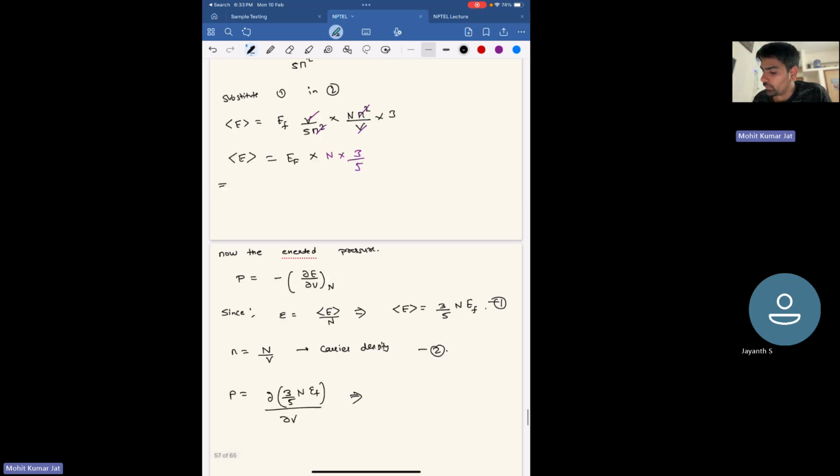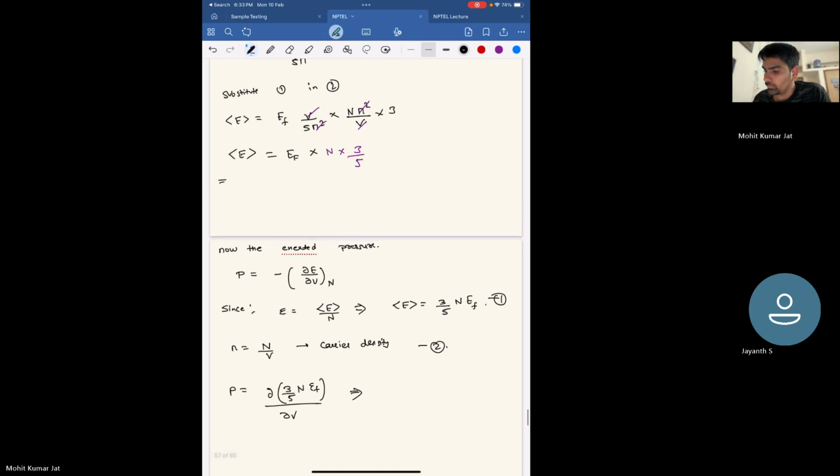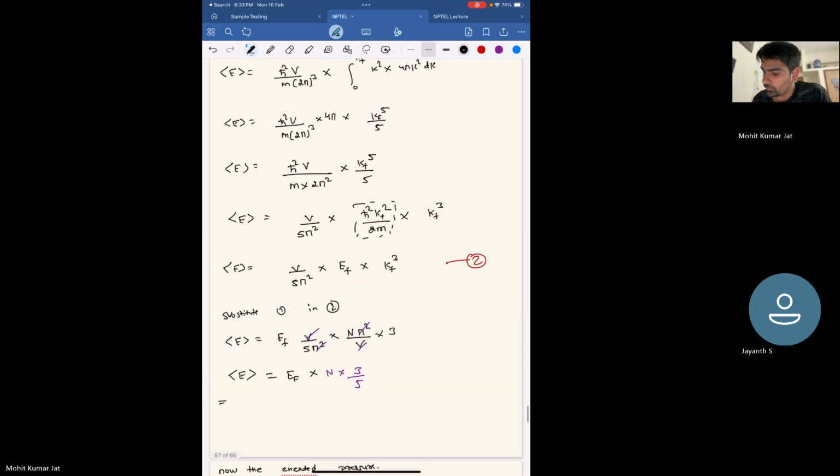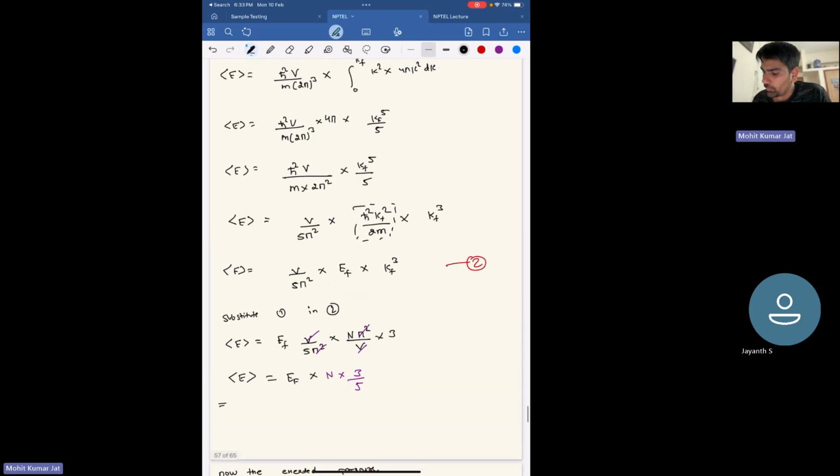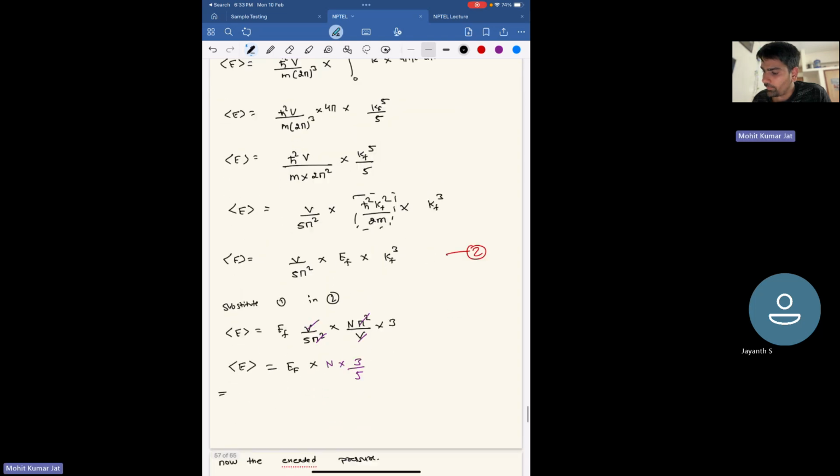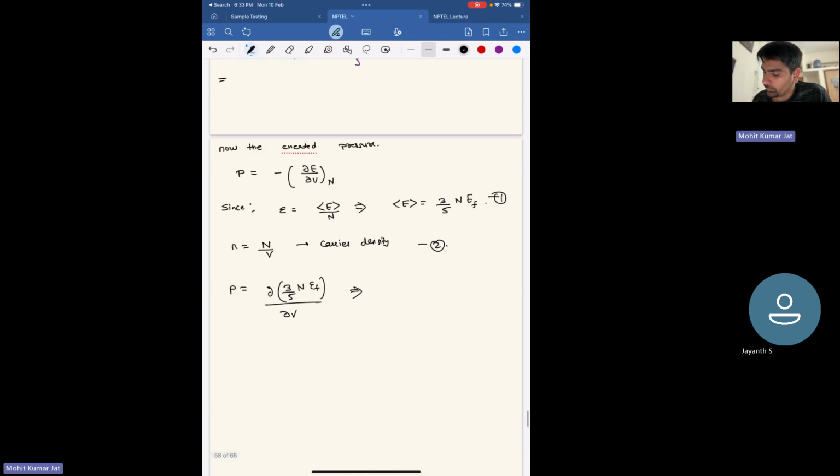Let me write the EF also in terms of N. EF is nothing but h bar square k square by 2m, and kF is 3 pi square n to the power 1 by 3. This gives EF as h bar square times 3 pi square n to the power 1 by 3, whole power 2 by 3, by 2m.